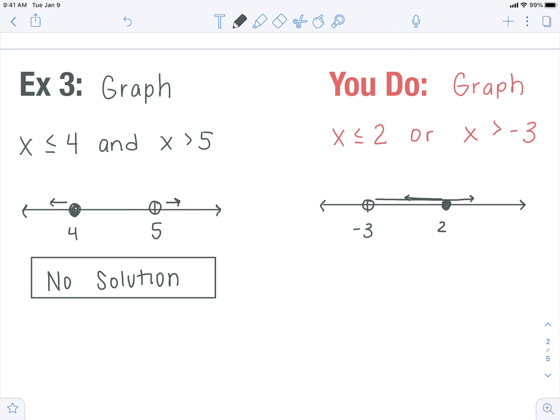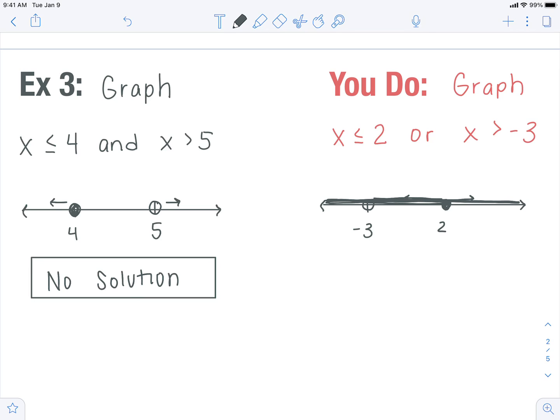And I know with an or, it only has to be true for one of them. So even though it looks like it's going to be an and, like they're pointing at each other, it doesn't matter because all of these numbers are bigger than -3. So I can shade all of them because they make x is greater than -3 true. I can also shade everything this way because all of these numbers are smaller than 2.